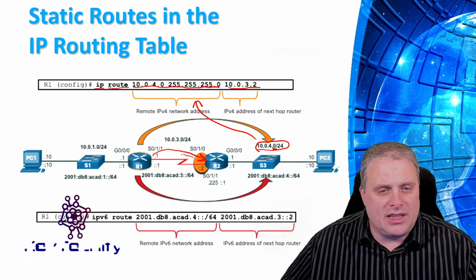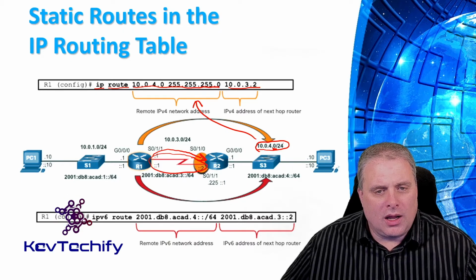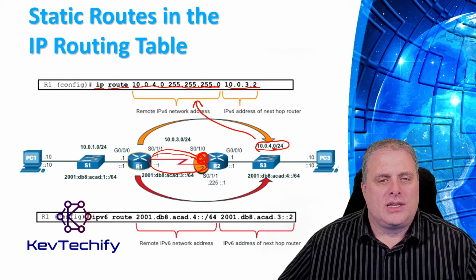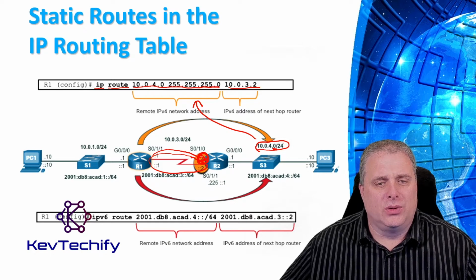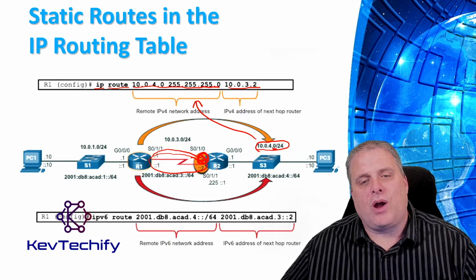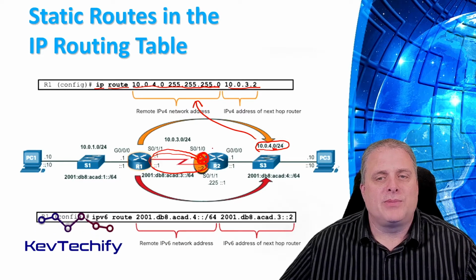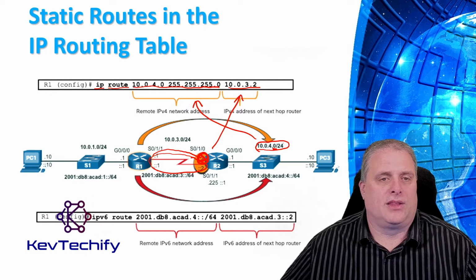So it's connected to this WAN network, but it's the far side IP address. It's this .2 address right here, 10.0.3.2. The IP address is on router 2, but it's still on a network I'm directly connected to. That is my next hop router at this point in time.